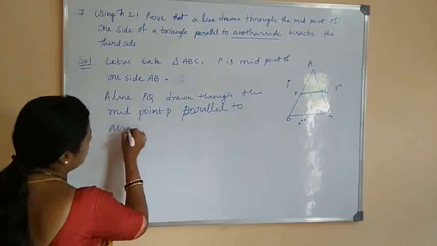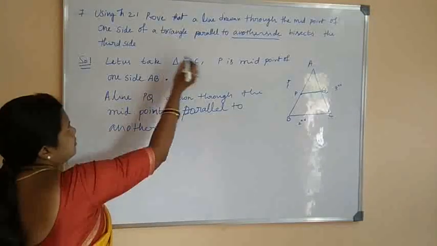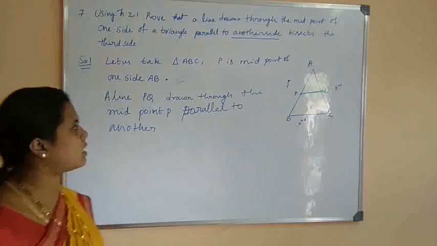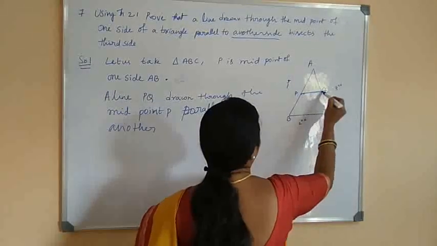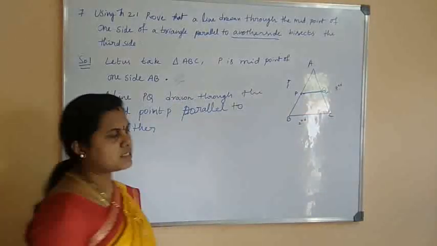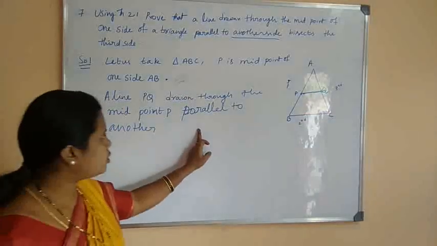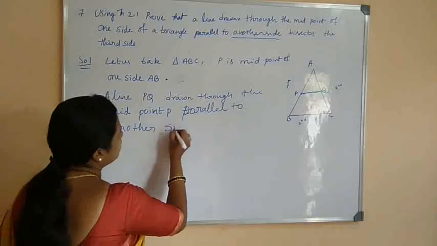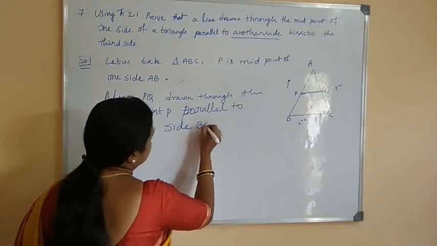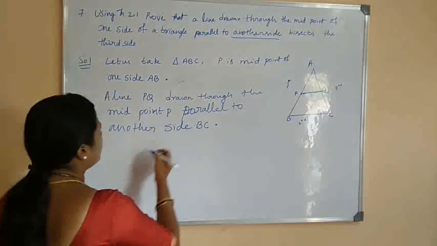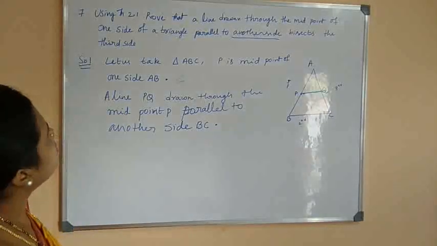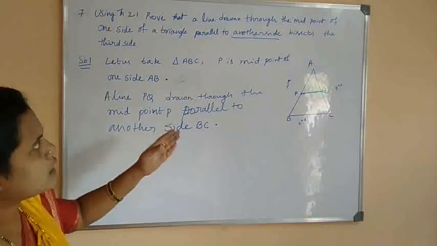Which is the another side? I am taking the same problem sentence only, because you will understand nicely. A line PQ is drawn through the midpoint of a side AB, parallel to another side BC.